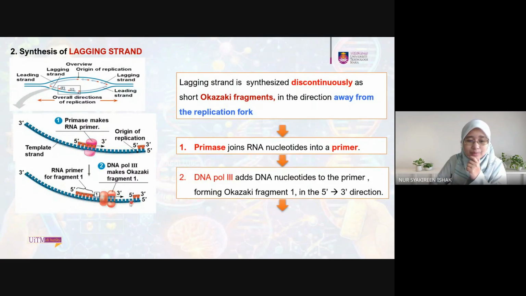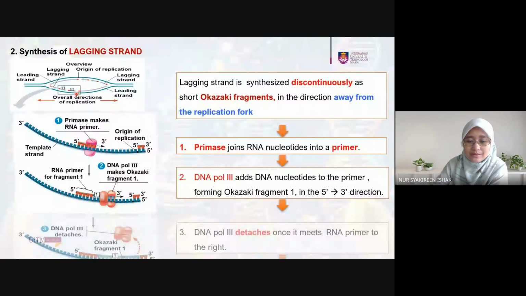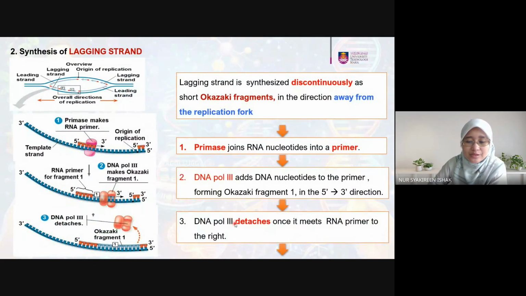Why? Because DNA polymerase 3 encounters the 5' end of the primer here. It will not add at the 5' end, only at the 3' end, so it stops here. This produces the first Okazaki fragment. DNA polymerase 3 detaches once it meets the RNA primer, for example, of the leading strand.